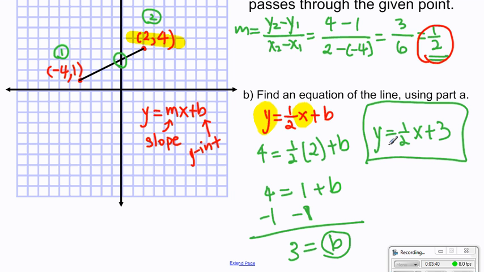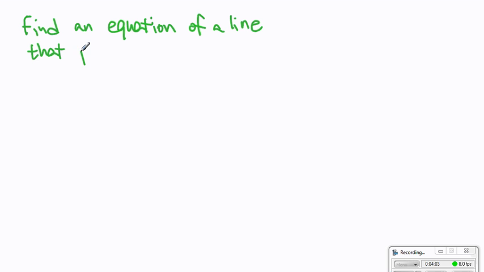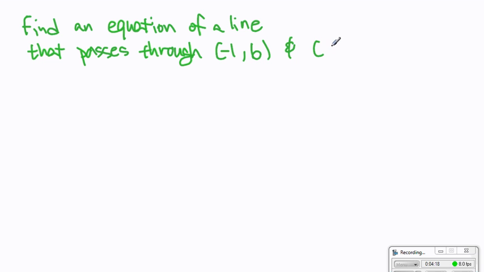Alright, so we're going to practice with a few more questions likewise, and let's see what happens. Next, what if I were to say, find an equation of a line that passes through, let us say, negative 1, comma 6, and 4, comma 2.